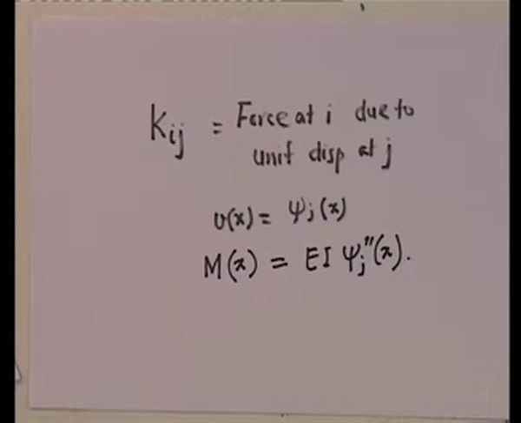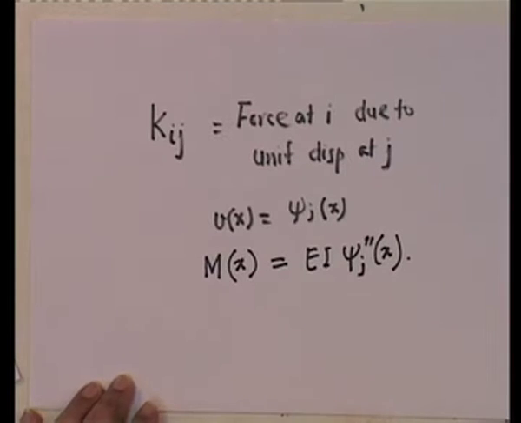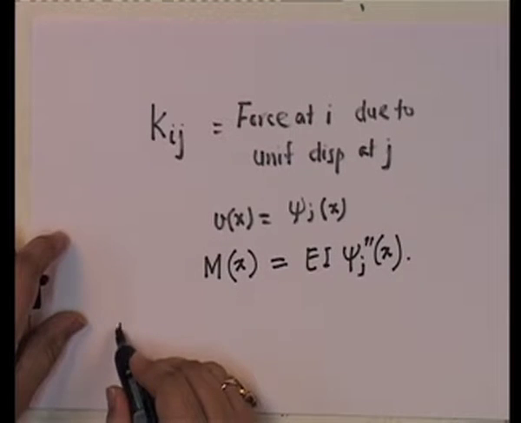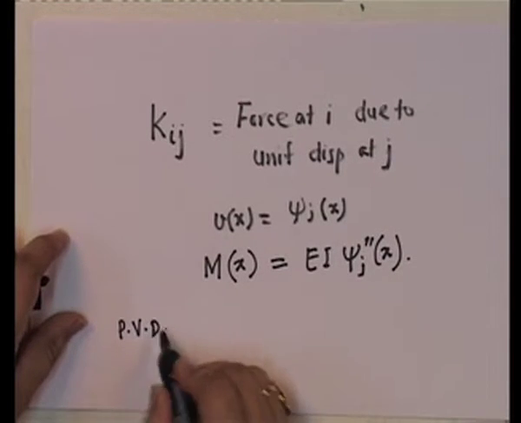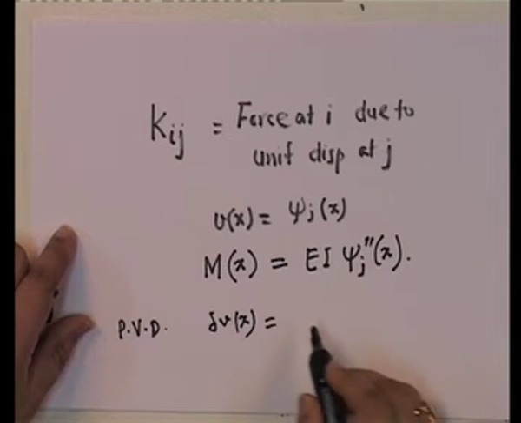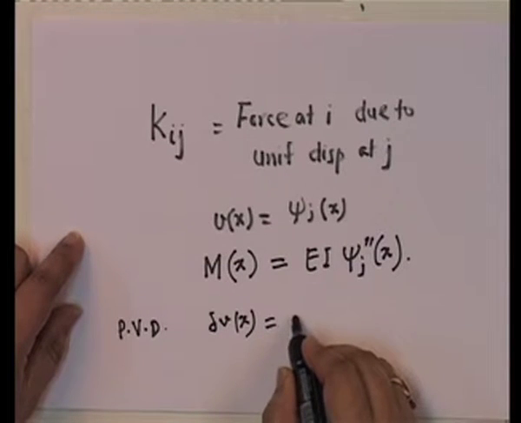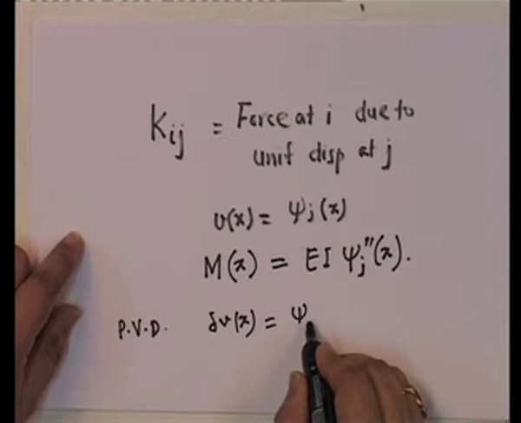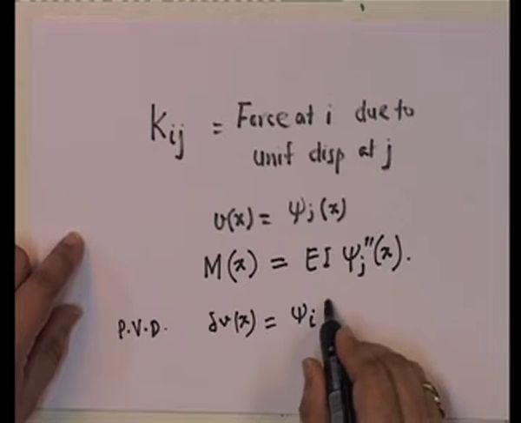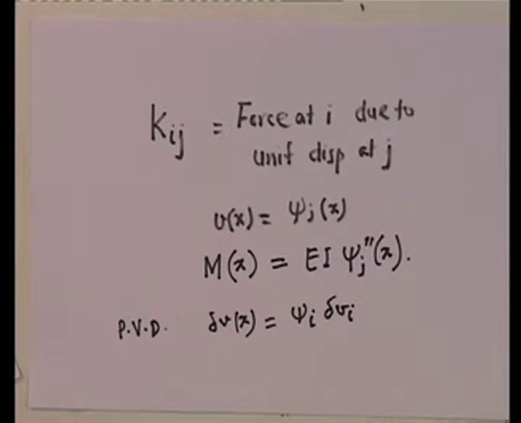Okay. Now, how do I find out the force at I? Well, I use the principle of virtual displacement. So, that means I give a virtual displacement pattern which has I. So, what is del V upon del x? It is going to be equal to xi I into del V I. Okay.